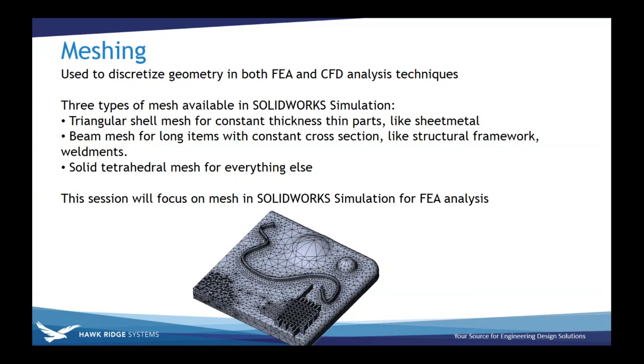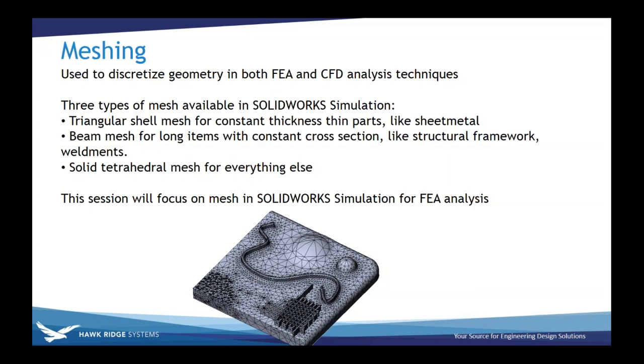We intentionally limit the scope of the elements that are available, so that we limit the scope of the elements available to ones that we can provide really robust meshing algorithms for, right? There are pros and cons of different types and other analysis packages like Abaqus.